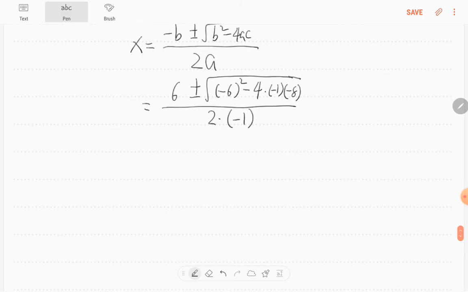Okay, let's do the calculation. So this would be 6 plus or minus the square root of 36 minus 32, over negative 2.